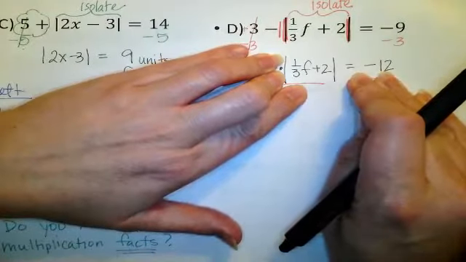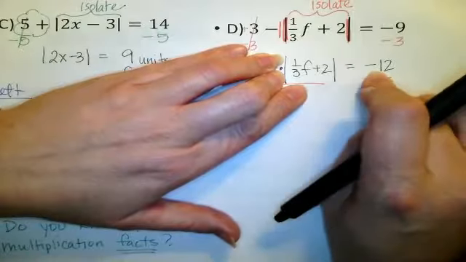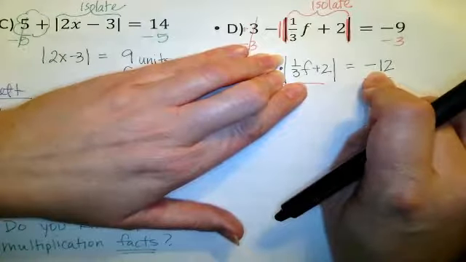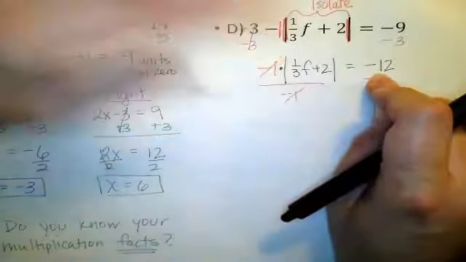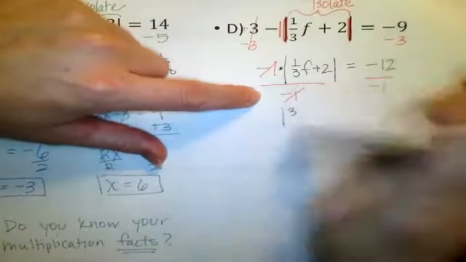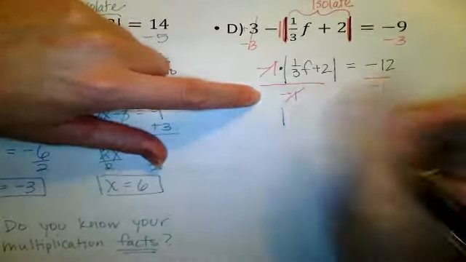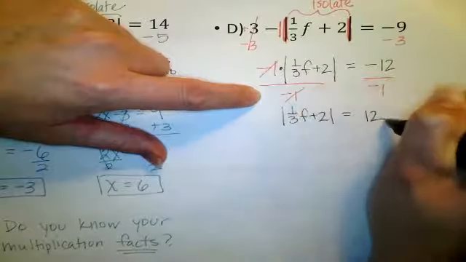There is no value that would give us a negative result. When it pops out of the absolute value, it has to be positive. So when it's isolated, it has to be a positive distance. However, we have negatives, so they're going to end up canceling out. So we have the absolute value of 1/3 f plus 2 equals positive 12.